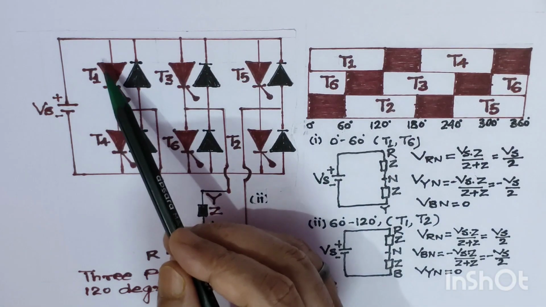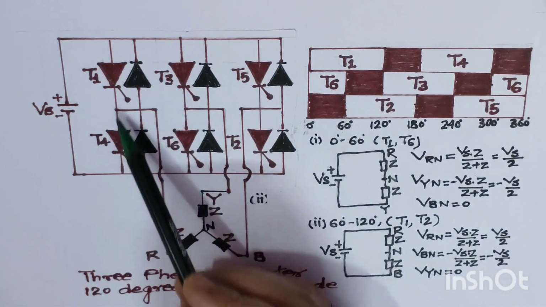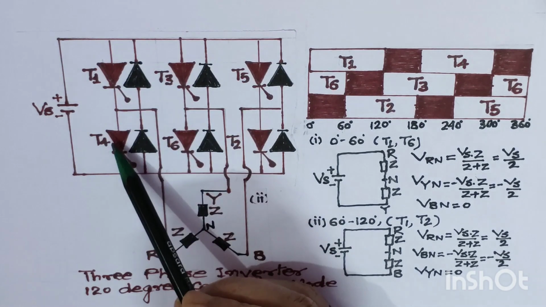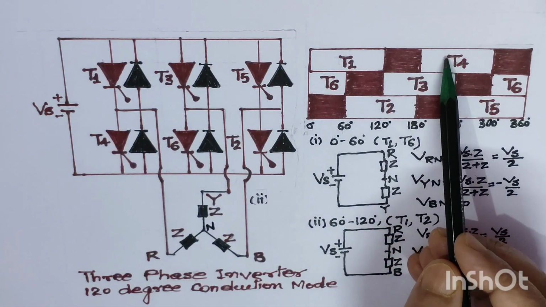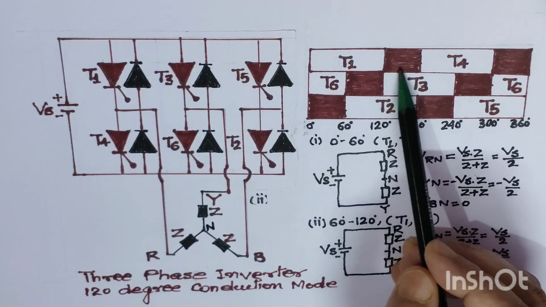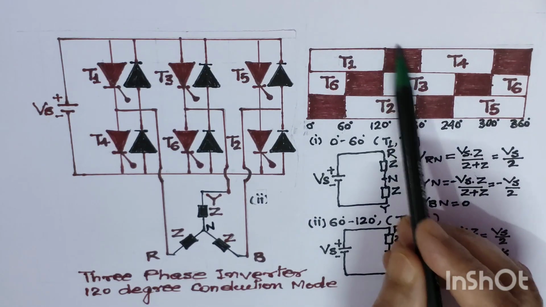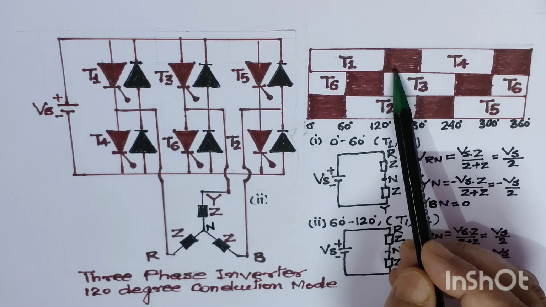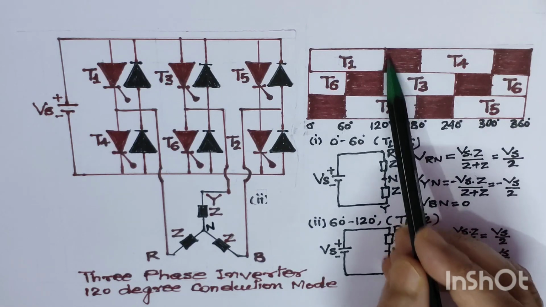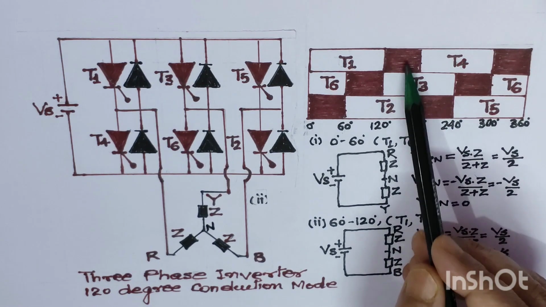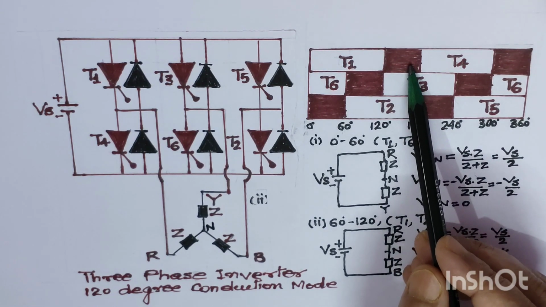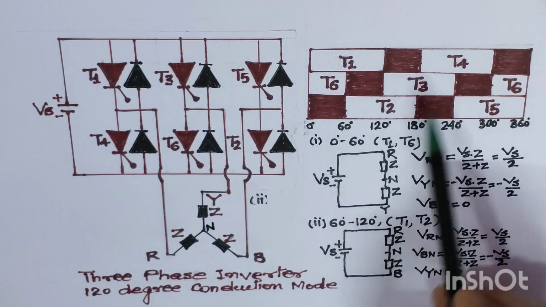It means in the first leg, where there are two thyristors T1 and T4, neither T1 nor T4 will conduct. So we will give an off period for a 60-degree duration. The off period is the shaded part shown here, in which there will not be any conduction from thyristor T1 or T4.